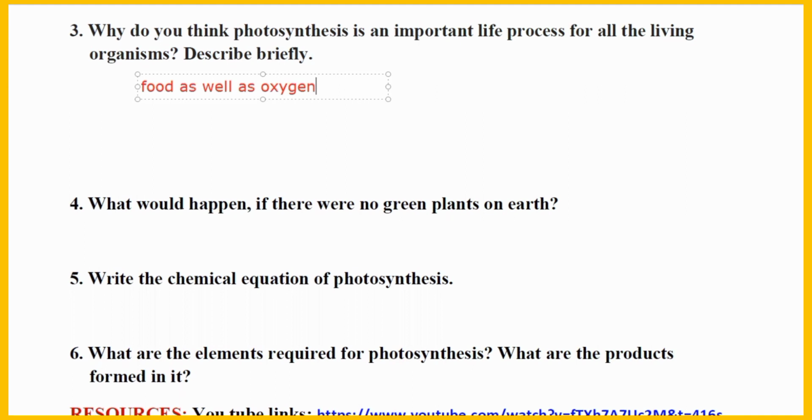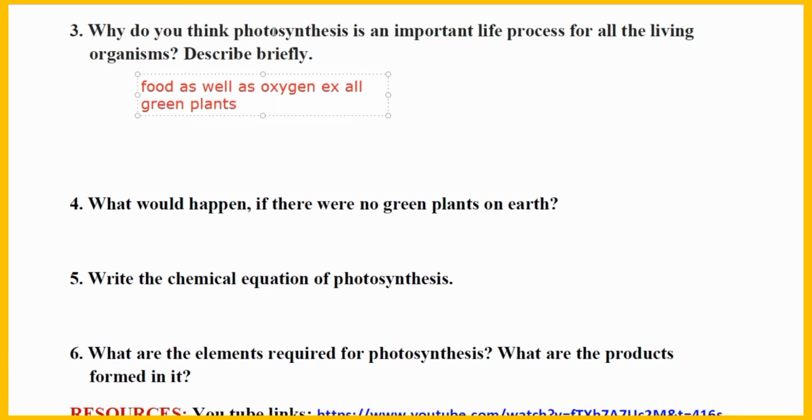So, all green plants. This is what you can keep in your mind, a very simple answer.